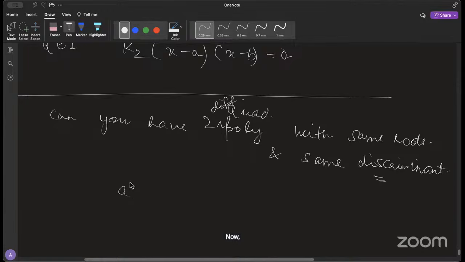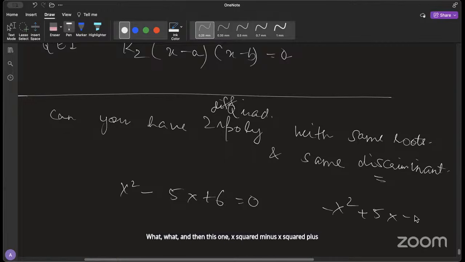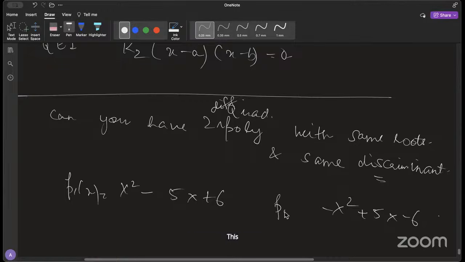Now, you can take x square minus 5x plus 6, and then this one, minus x square plus 5x minus 6. You don't even need 0 here. So let's say this is polynomial 1 and this is polynomial 2. Then both of these polynomials are going to have same roots.